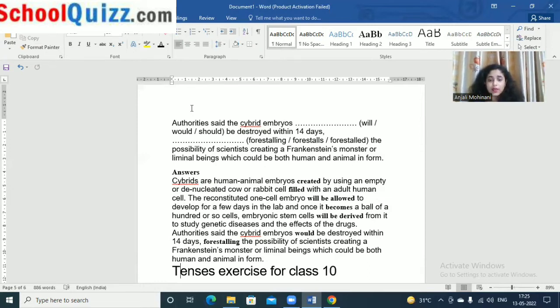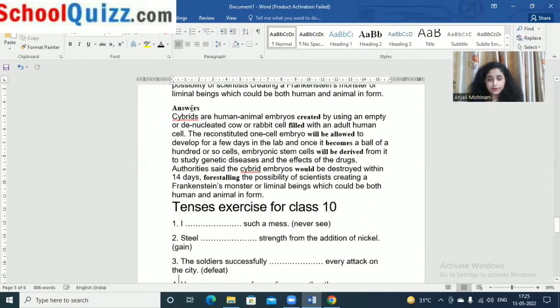Authorities said hybrid embryos would be destroyed within 14 days, forestalling the possibility of scientists creating a Frankenstein monster or liminal beings which could be both human and animal form. I have highlighted the answers. You have to check it afterwards. So we are done with paragraph 1.